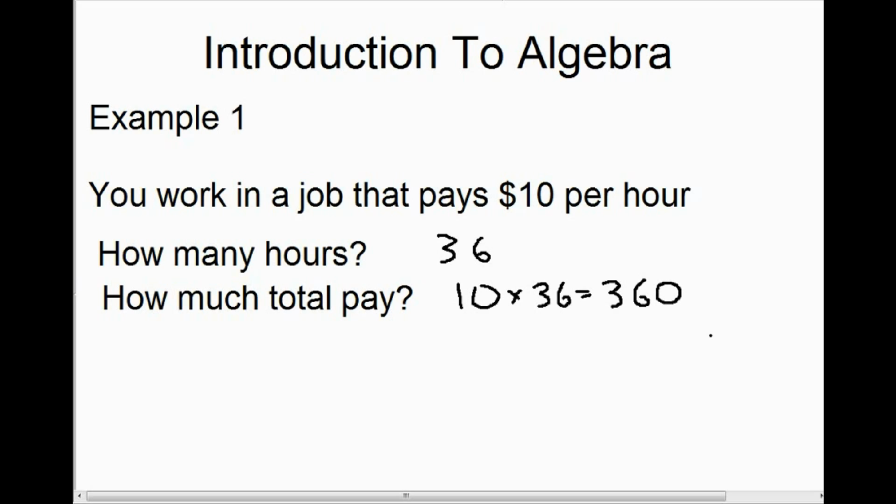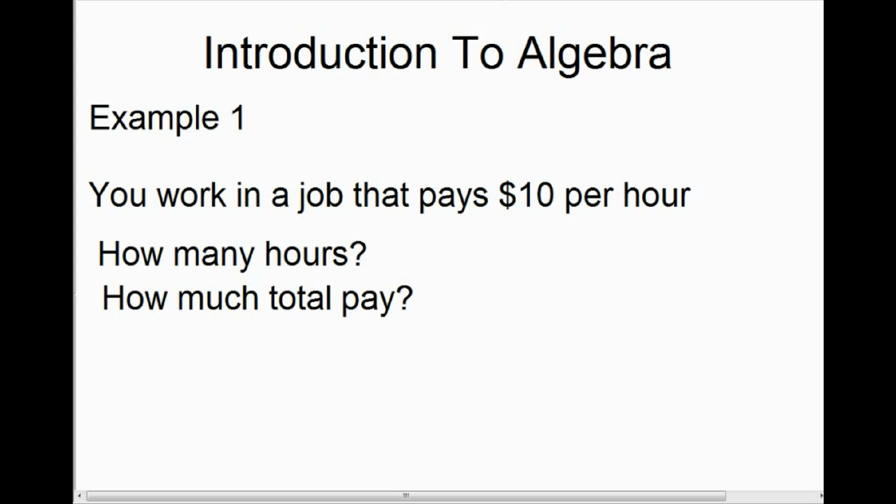So what we're seeing here is that there's a couple of pieces of information in this situation that change or vary. The number of hours that we work changes or varies, and the total pay changes or varies. So if we want to write a math sentence that expresses how much money we make for any number of hours, we might start by writing out, well, how do we calculate that?